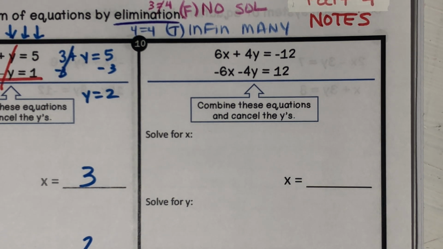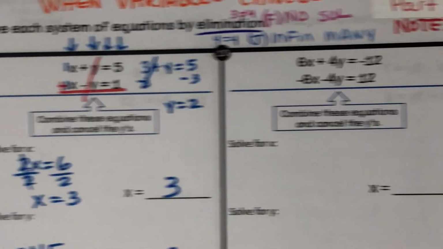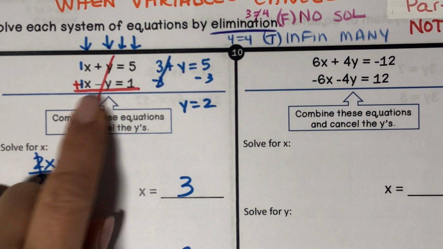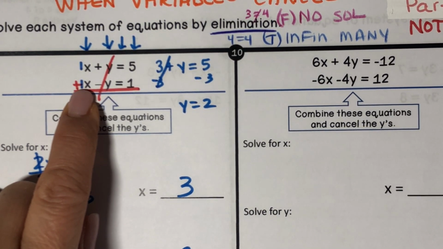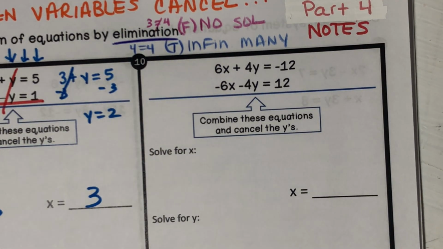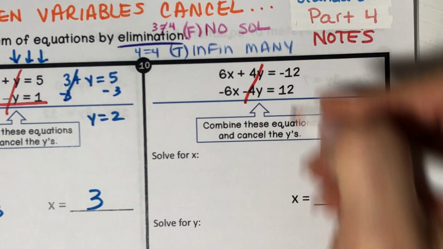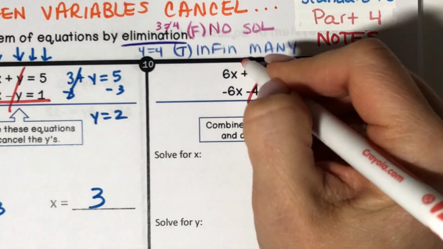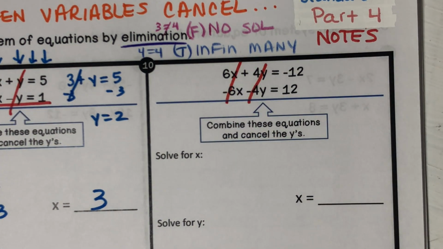Here's how I know what the answer is going to be. Over here, when I went to cancel the y's, I still had x's left. Here, when I go to cancel the y's, not only do the y's cancel, but the x's cancel also.